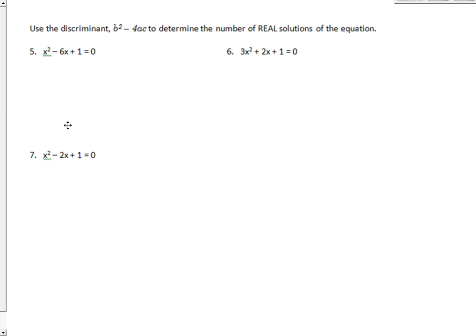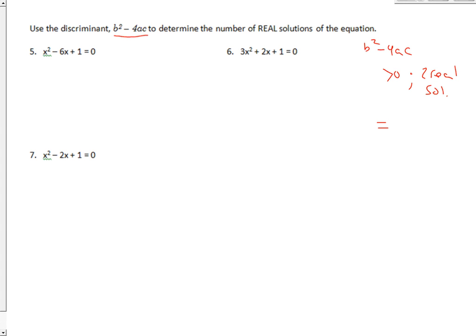Number 5, 6, and 7 say to use the discriminant, b squared minus 4ac, to determine the number of real solutions. Now, in our notes, we learned that if b squared minus 4ac is greater than 0, that is 2 real solutions.